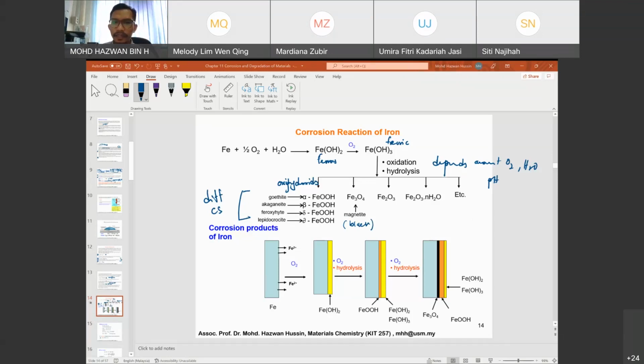You can have ferrous hydroxide form first, and then further oxidation forms another layer of ferric hydroxides and oxyhydroxides. Then going downwards, you can have other types of products, like magnetite here, which you see is black in color.